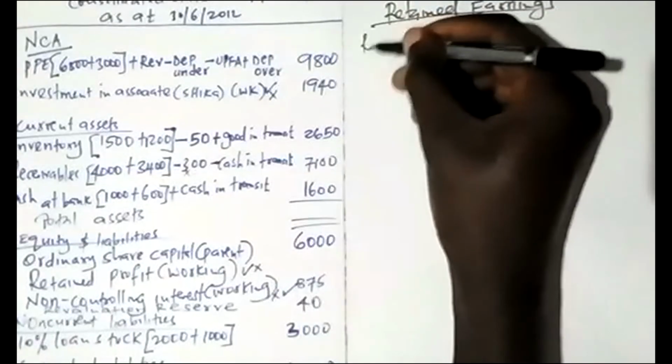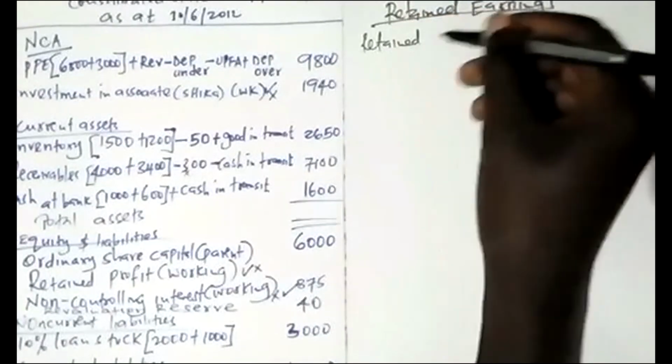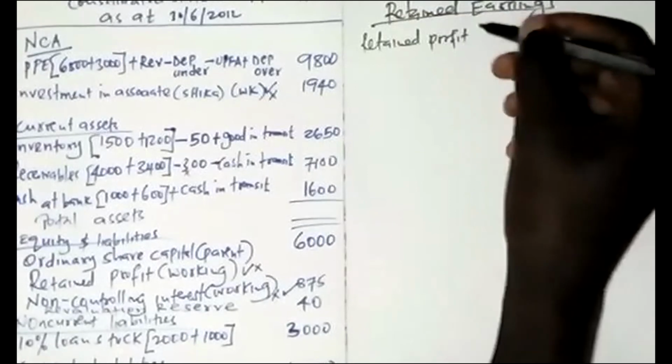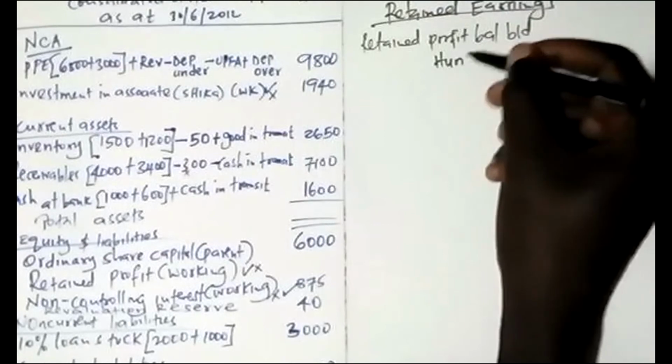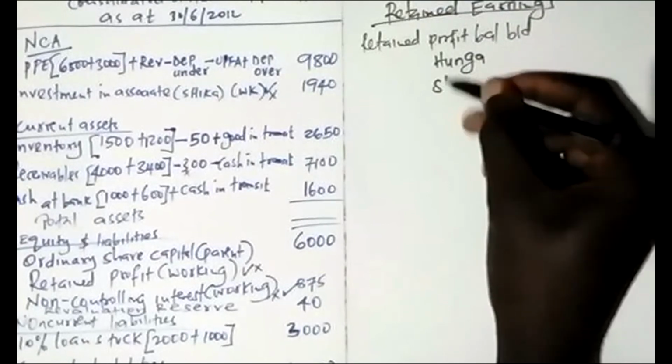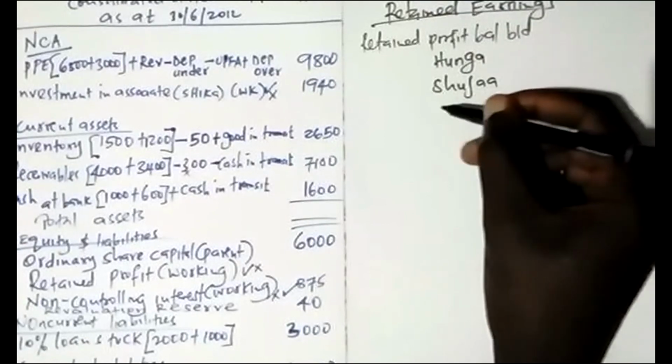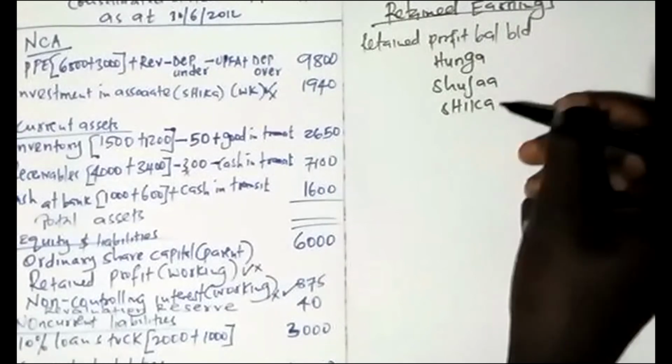We start with the retained profit balance brought down for Hunga, Shuja and Shika at the same time.